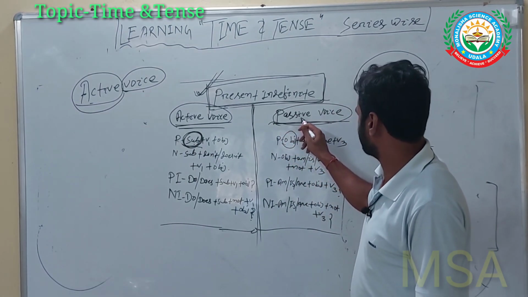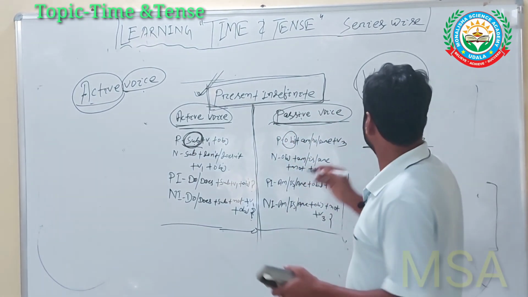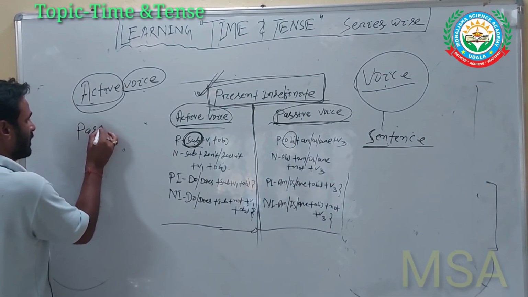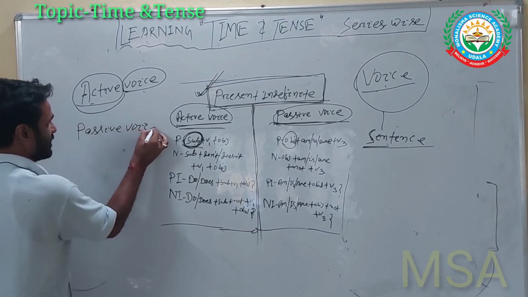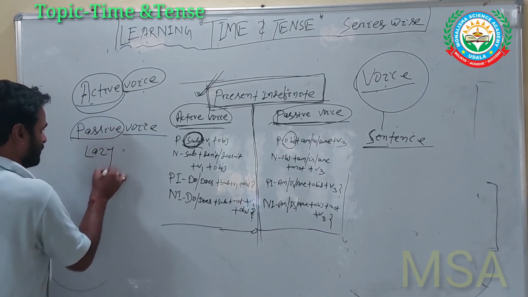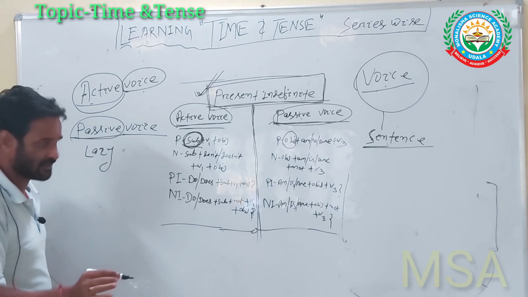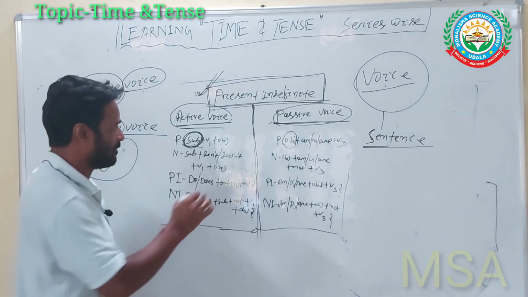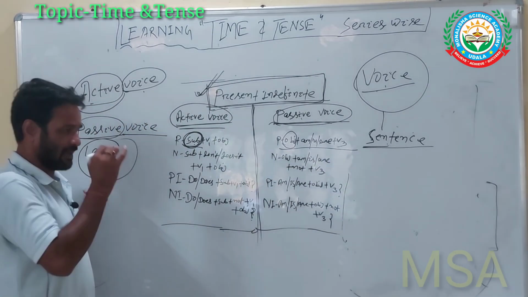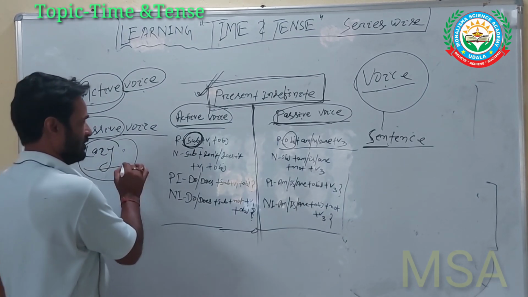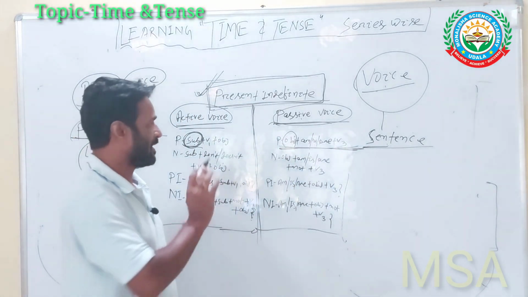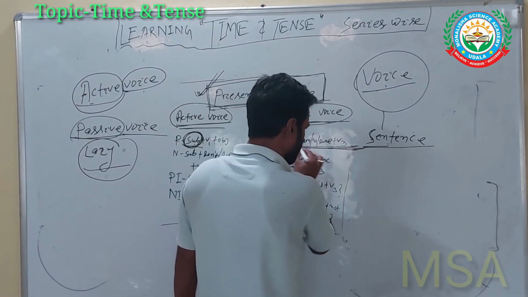But in the passive voice, what do you understand by passive? Let me first explain the word passive. Passive means lazy. So here the subject is lazy. In the passive voice, the subject, the doer of the action, is lazy. That's why the subject is missing in the passive voice sentence. Do you see the subject here?